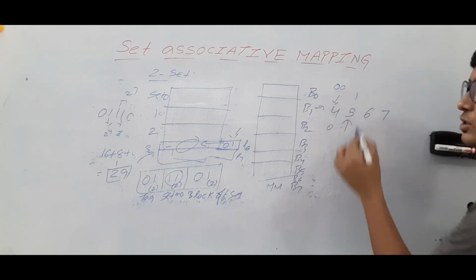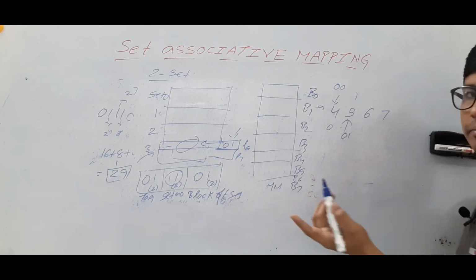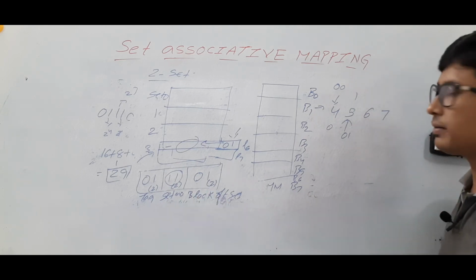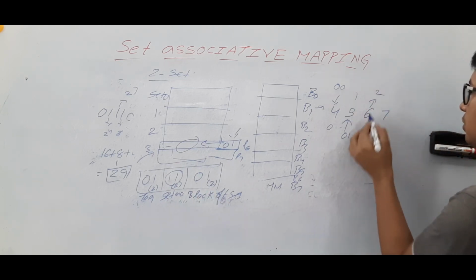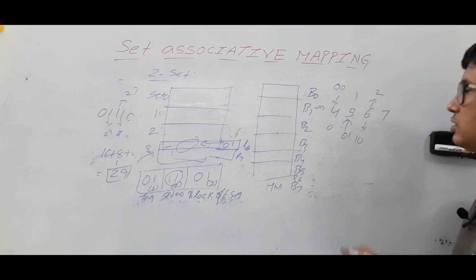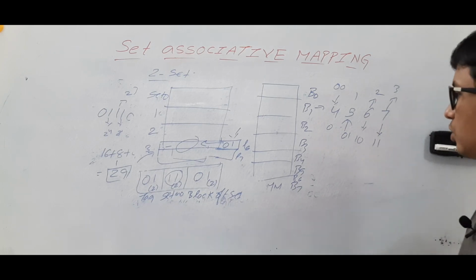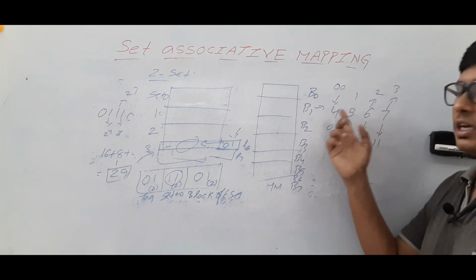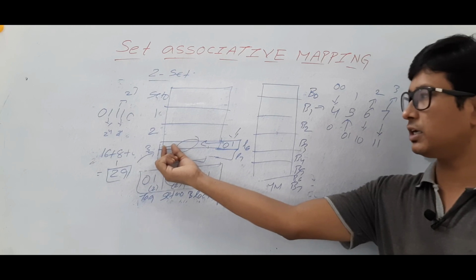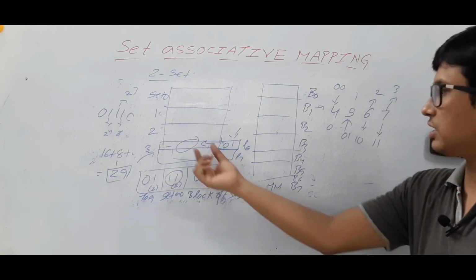The index 1 has the binary number 0, 1. The index 2 has the binary representation 1, 0. The word index 3 has the number 1, 1. So you are searching for the second word. You will go to the particular block and identify the second word.